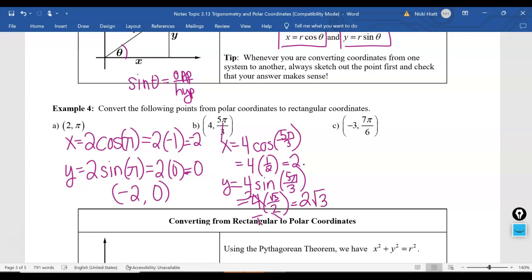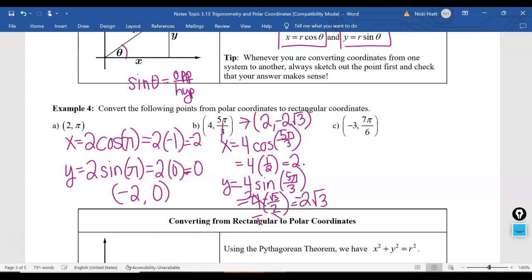I'm kind of running out of room. This point right here could be written with an x coordinate of 2 and, in the 4th quadrant, sine is negative, so that should be negative. This should be -2 square root of 3.